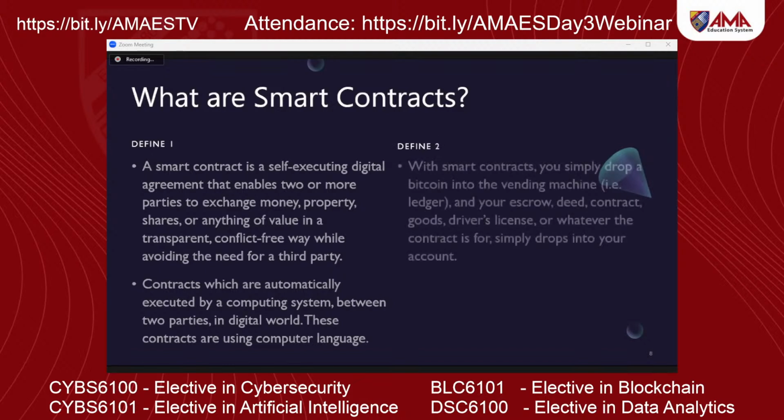Then another definition, with smart contracts is parang simple explanation. You simply drop a Bitcoin into a vending machine, okay, para siyang ledger na, and your escrow need contract, goods, driver license, or whatever contract is for, simply drops in your account. Kumbaga parang buying a kind of Coke in a vending machine. Mabilis lang.